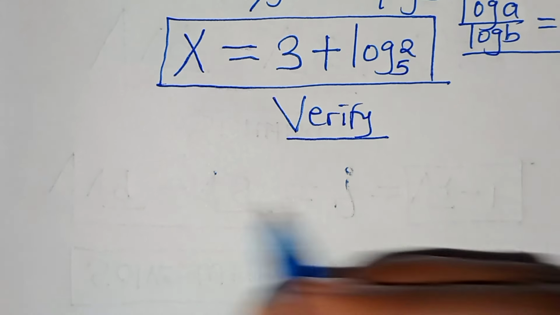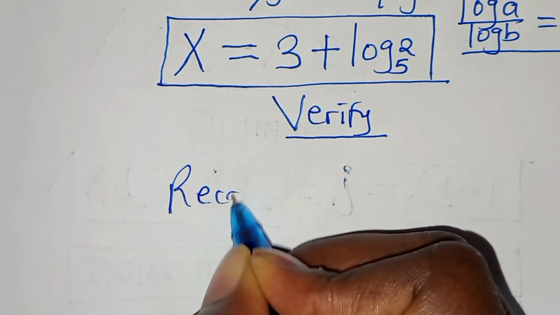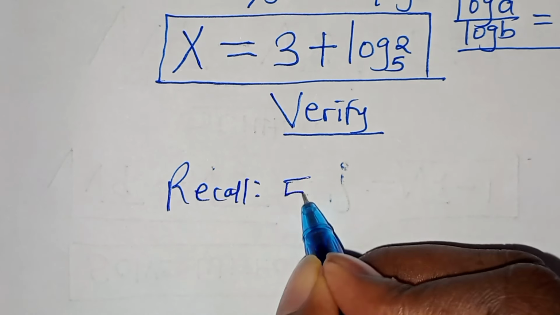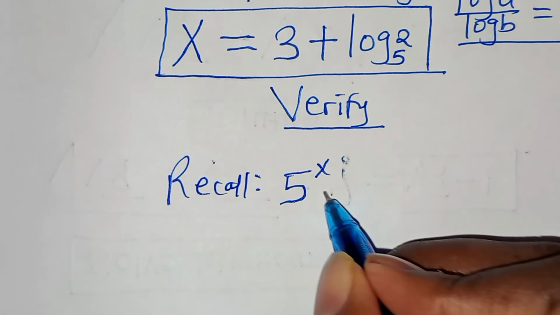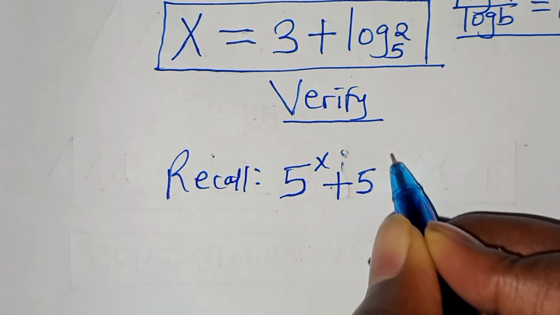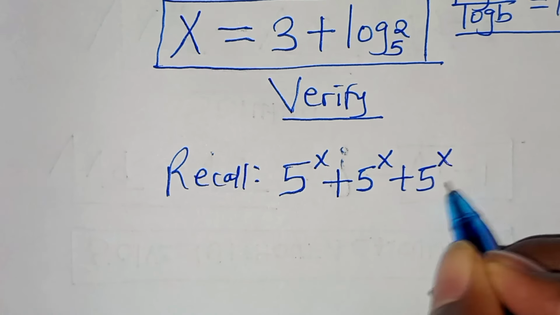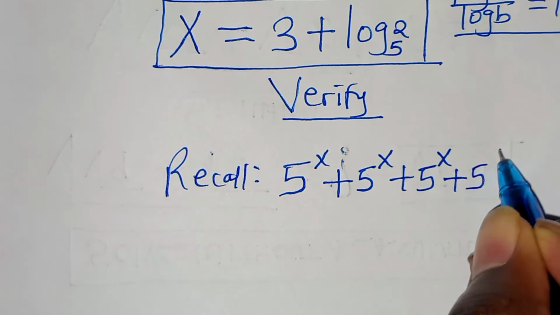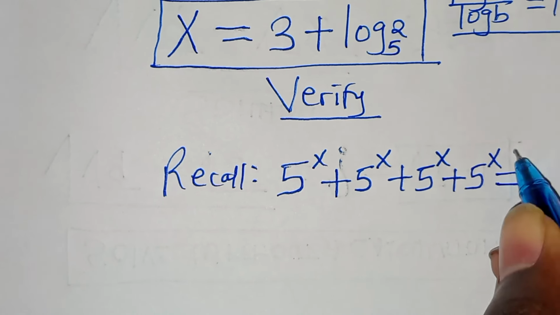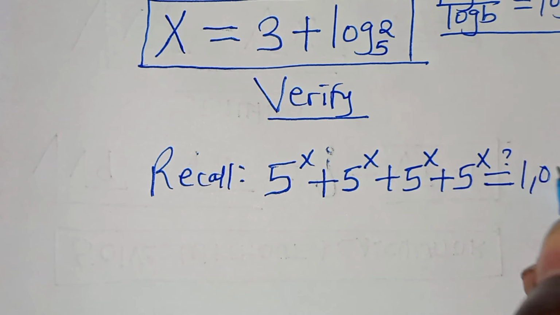So if you recall, we have that 5 to the power of x plus 5 to the power of x plus 5 to the power of x plus 5 to the power of x should give us a value of 1000.